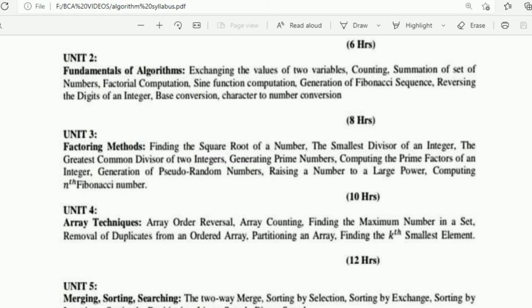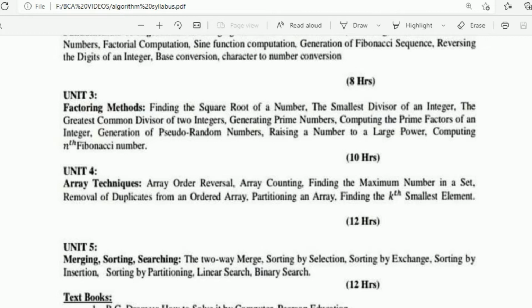And unit 4 is array techniques: array order reversal, array counting, finding the maximum number in a set, removal of duplicates from an ordered array, partitioning an array, and finding the kth smallest element. All the array techniques we will learn in unit 4, and unit 5 contains merging, sorting, searching methods.